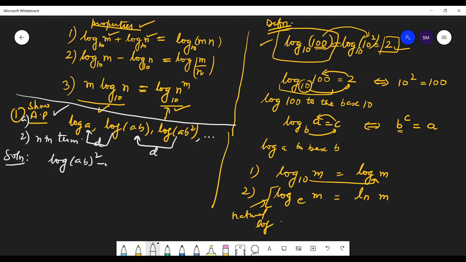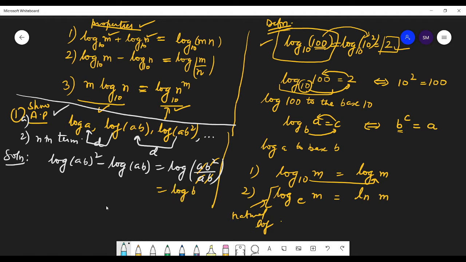So log AB square minus log AB. What is the formula, students? Log M minus log N is log M by N. So this B will cancel out and this A will also, and you get log B.